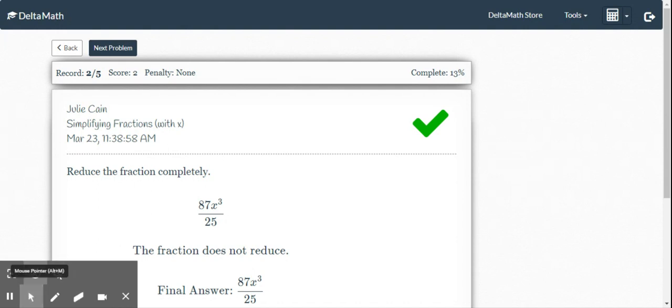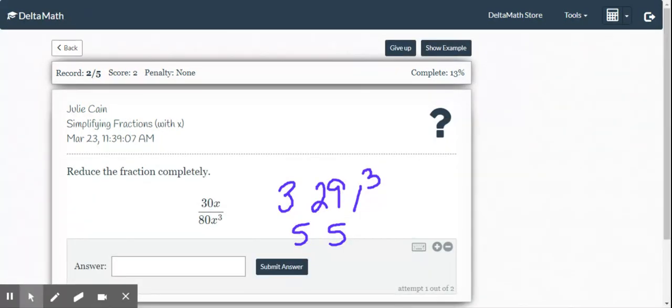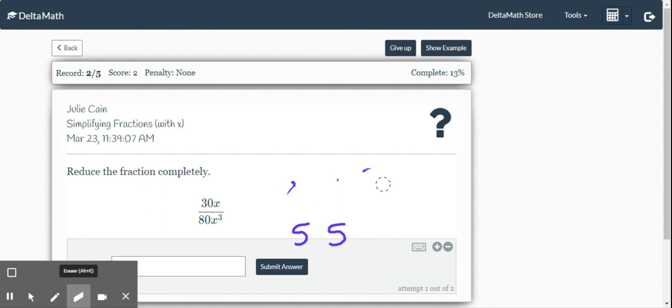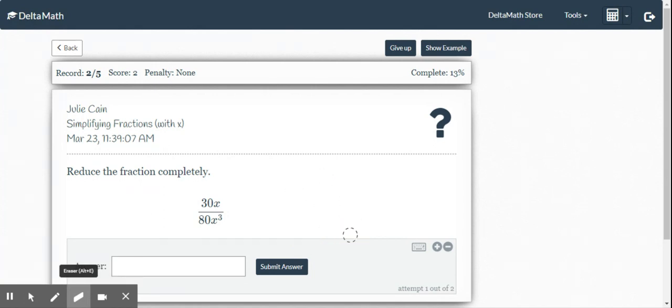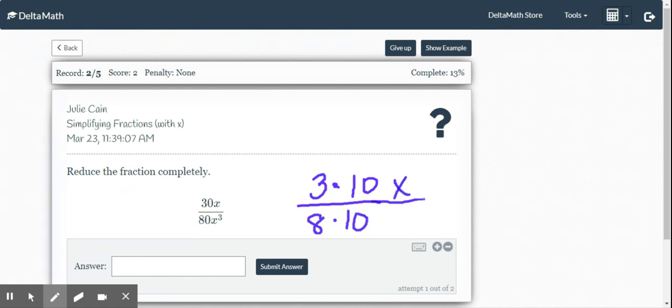I'm going to hit next problem, oops, got to use the pointer, and I'm going to delete this work that I had over here. And we're going to try another one. So here I've got 30x over 80x to the third. 30 would be 3 times 10, and 80 would be 8 times 10, and I would still have the x on the top, and the x to the third, which if we expand it, is x times x times x.